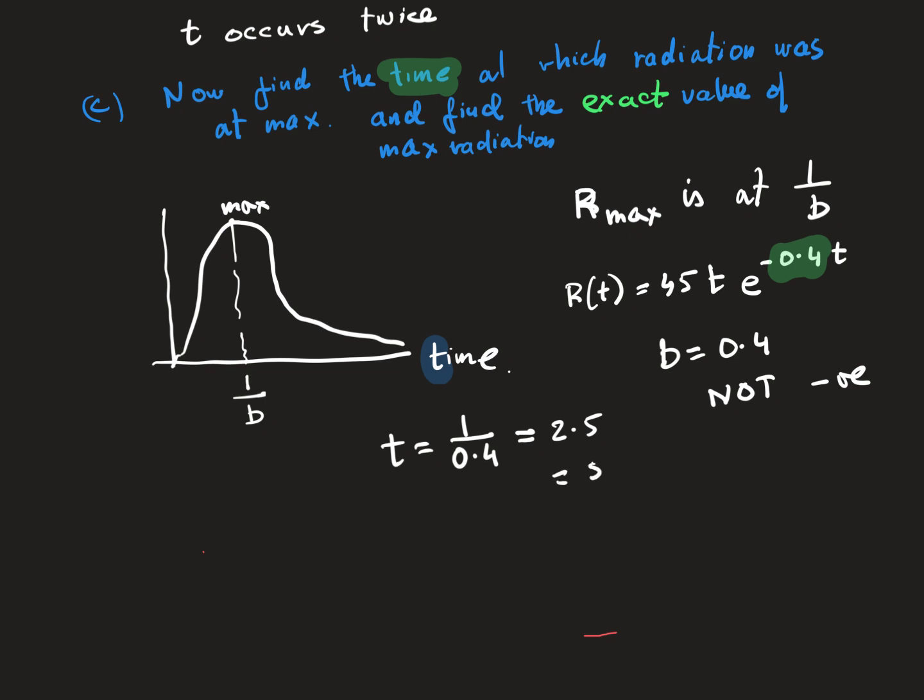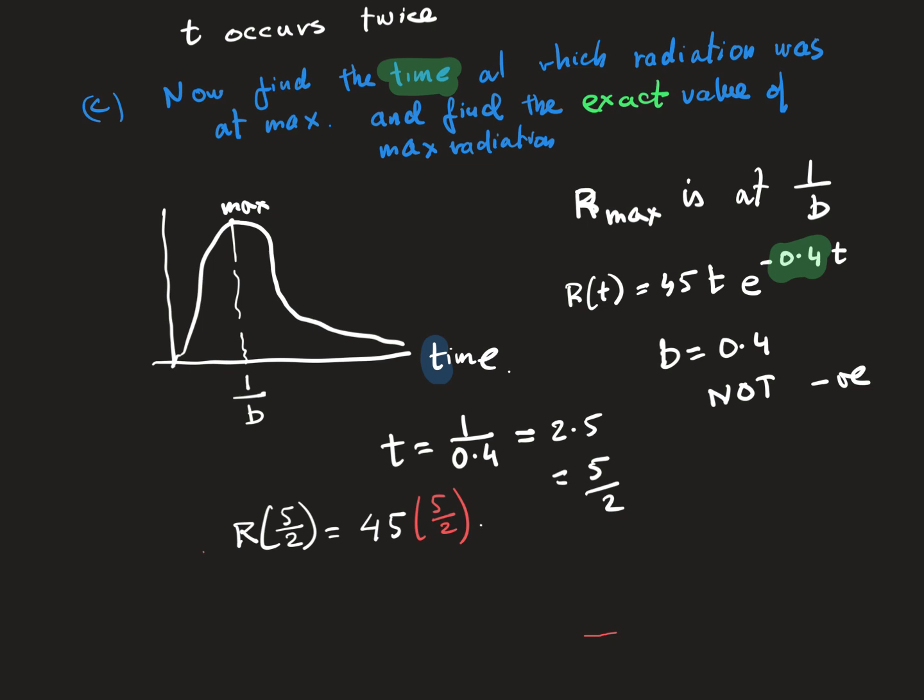We can use 5 over 2. Because it's 0.4, I'm going to use this particular decimal because I think it'll be okay. So I could write down 5 over 2.